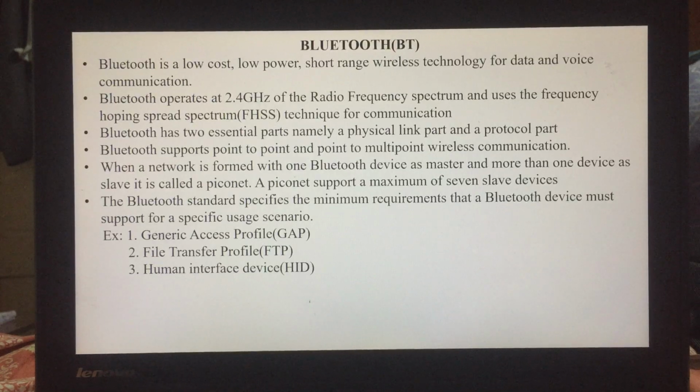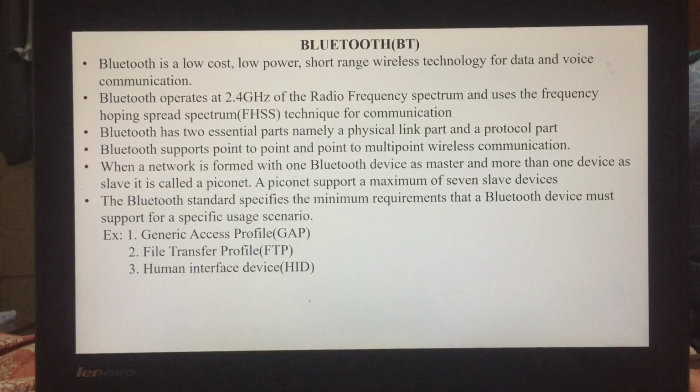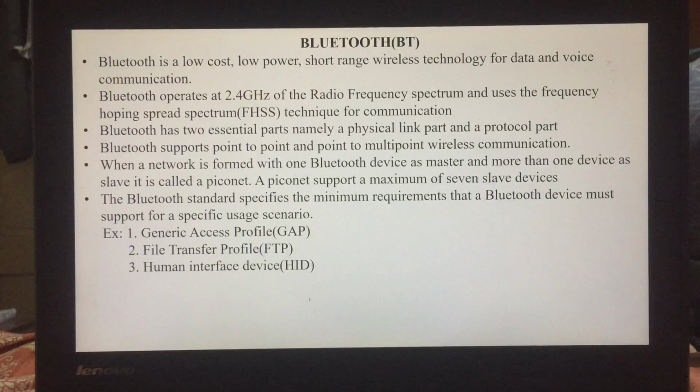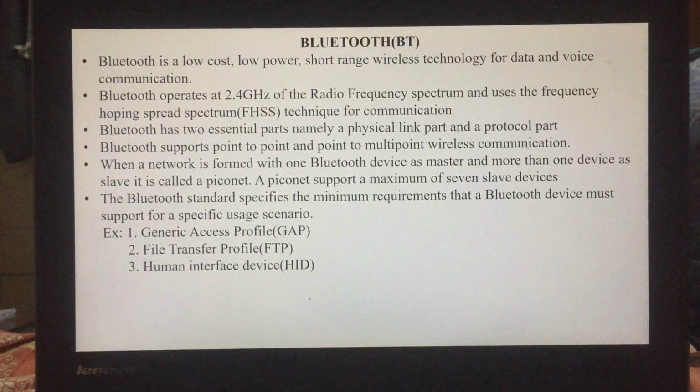The point-to-point communication follows the master-slave relationship. A Bluetooth device can function as either master or slave. When a network is formed with one Bluetooth device as master and more than one device as slave, it is called a Piconet. Piconet supports a maximum of 7 slave devices.